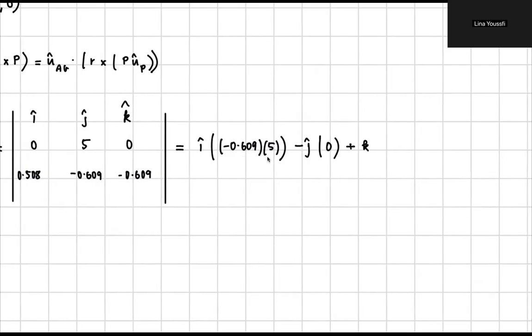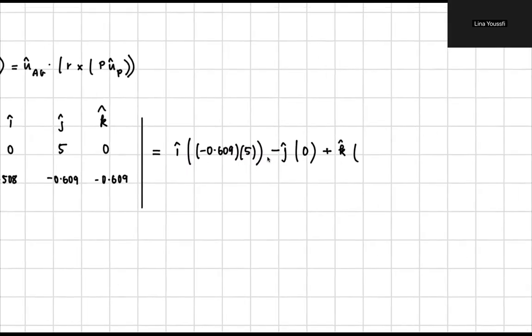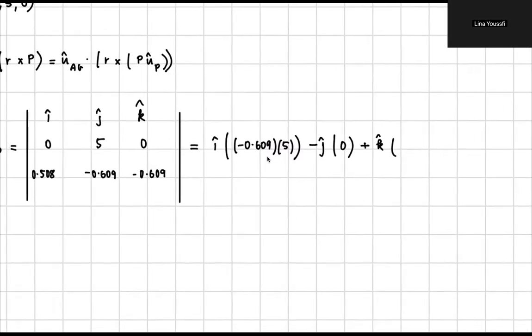Moving on to k, we're going to have this first term, these two multiplied by each other, is going to be 0, but then we have negative, and then 5 multiplied by 0.508.